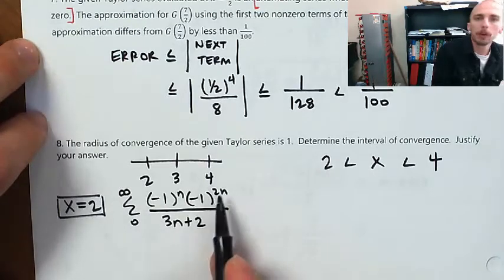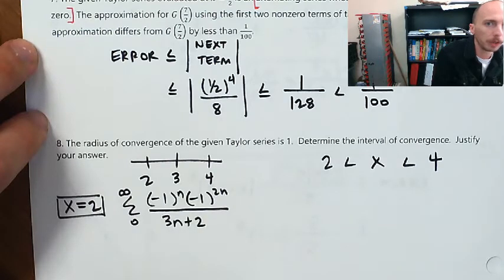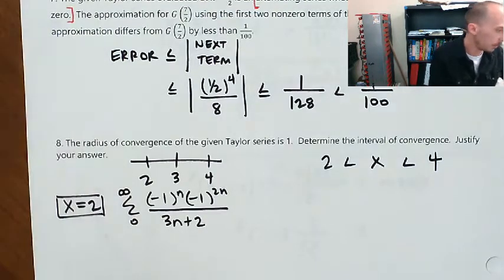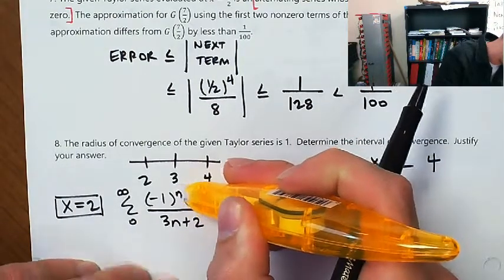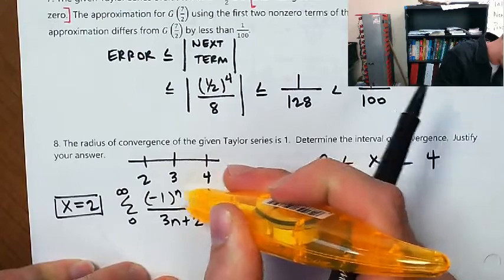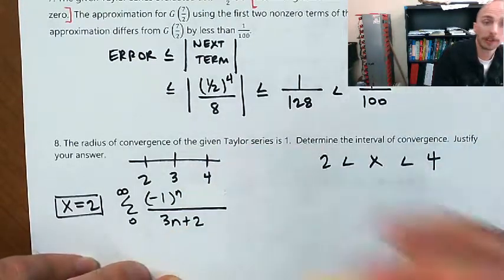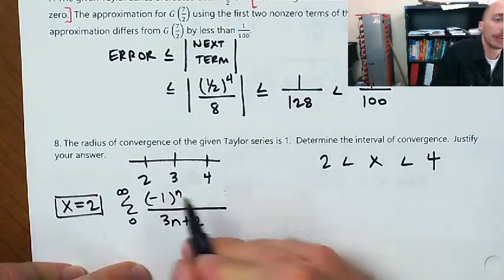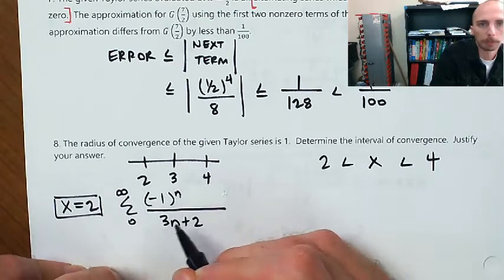Well, (-1) to the 2n is (-1) to an even power, always, which means that's always +1. So I'm going to just get rid of that, say it's not even there, because multiplying by 1 doesn't do anything. I'm going to say this is an alternating series. This is going to converge because it's alternating and bigger on bottom, right?